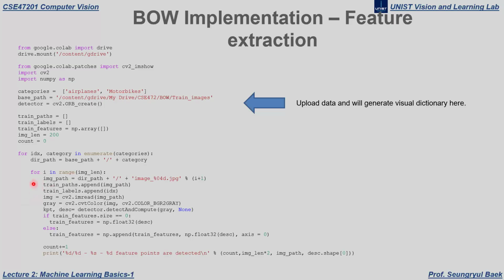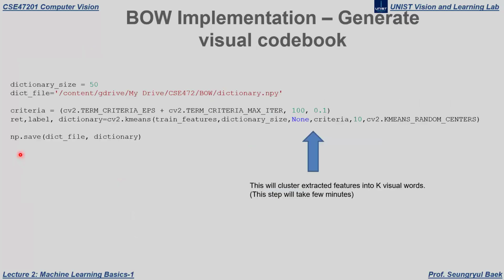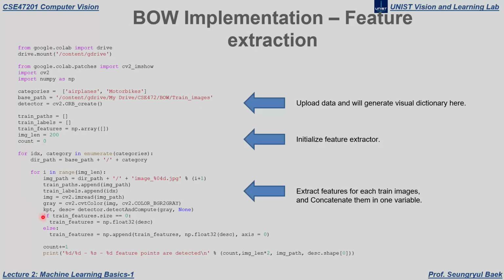And here we will first extract the features from all the training data using this ORB descriptor. This for loop is actually doing that. Then we append the new feature descriptors to this train features variable.